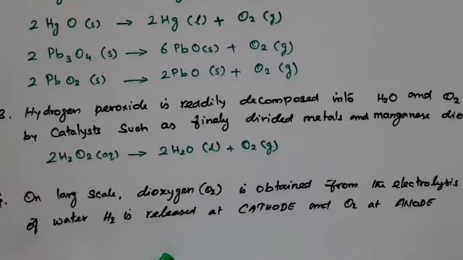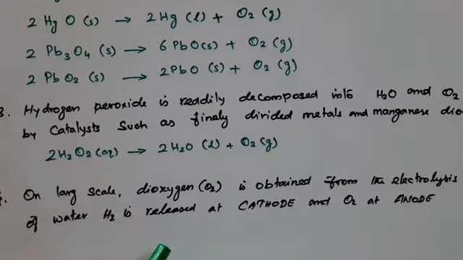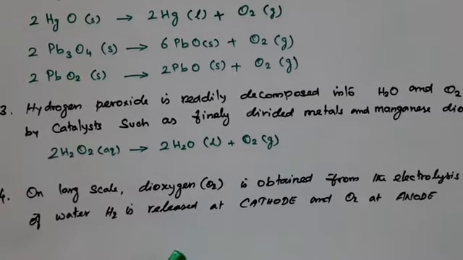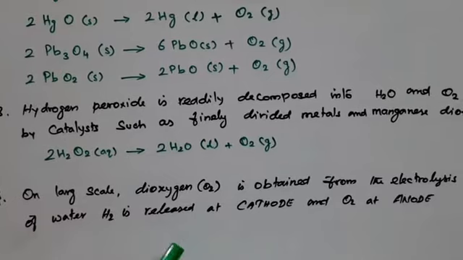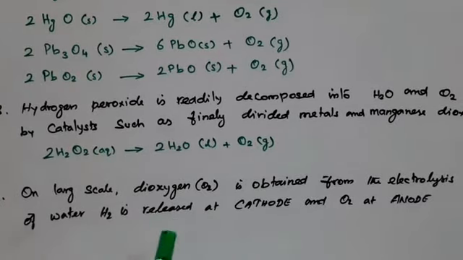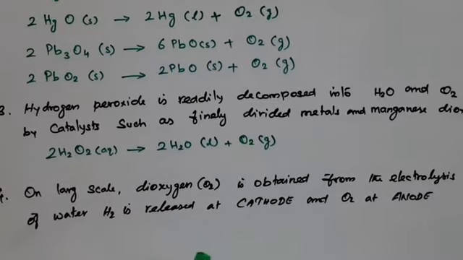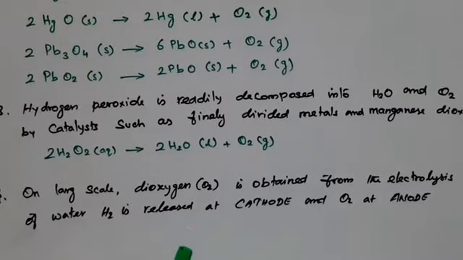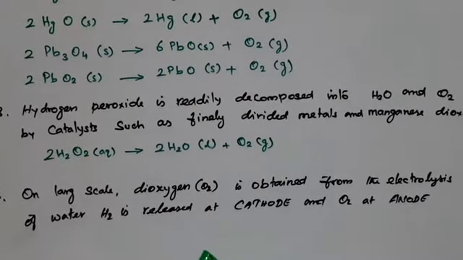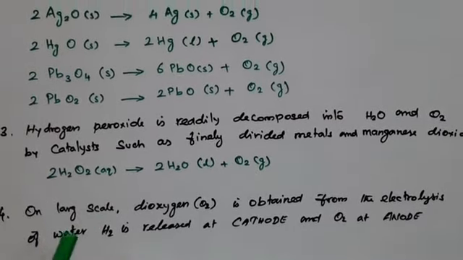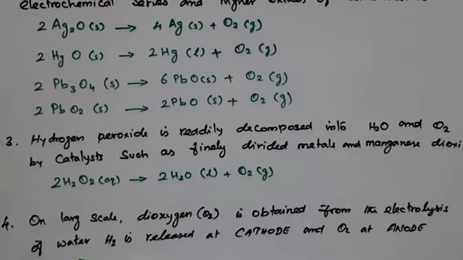So first removal of carbon dioxide, then water vapor, after that fractional distillation. Fractional distillation means, due to the boiling points, they will distill one by one. So we can get dinitrogen as well as dioxygen. Students, these are the methods by which we prepare dioxygen gas.